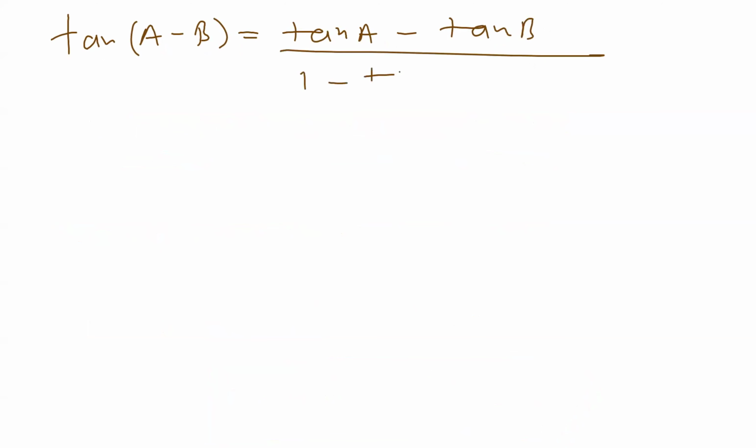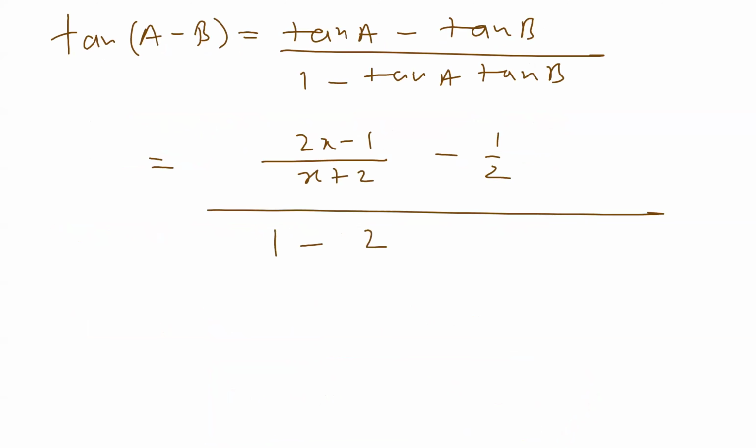So tan(A minus B) is (tan A minus tan B) upon (1 minus tan A tan B). Okay, so tan B is half, and tan A we have proved now: 2x minus 1 upon x plus 2. So it is (2x minus 1 upon x plus 2 minus half) upon (1 minus 2x minus 1 upon x plus 2 into half).